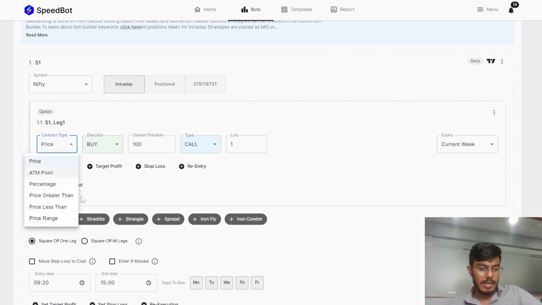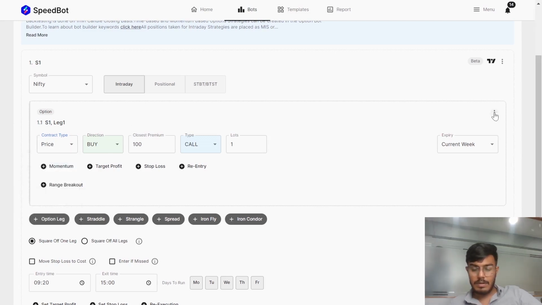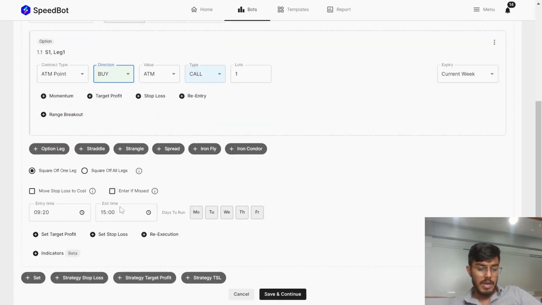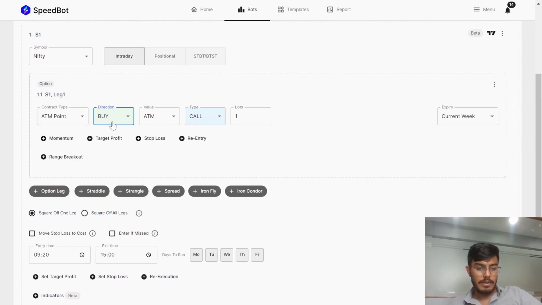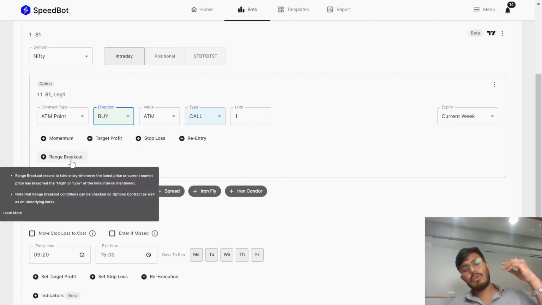How we can do that is, let me just go back to the ATM strike selection. So at 920 I have selected the call option ATM for current week, right? And I want to use the range breakout for this particular contract.